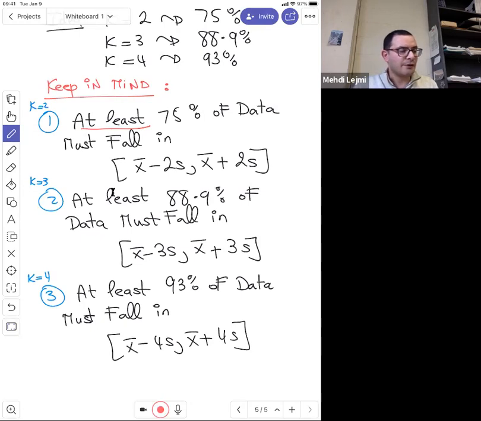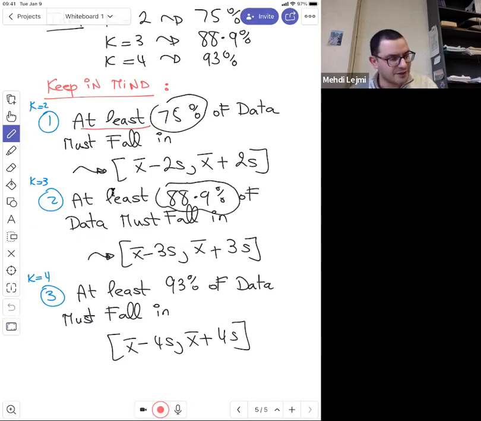All right, so I'm going to do a lot of examples because I know this is kind of confusing. But again, what you really need to keep in mind here are these percentages. If you see in the problem that you need at least 75% of your data values, then this is the interval you need to use, x bar minus 2s, x bar plus 2s, right? If you need at least 88.9% of your data values, then this is the interval you need to use, x bar minus 3s, x bar plus 3s, okay?